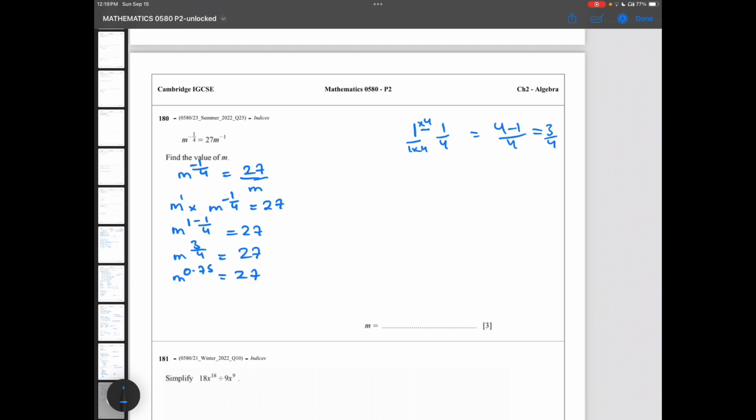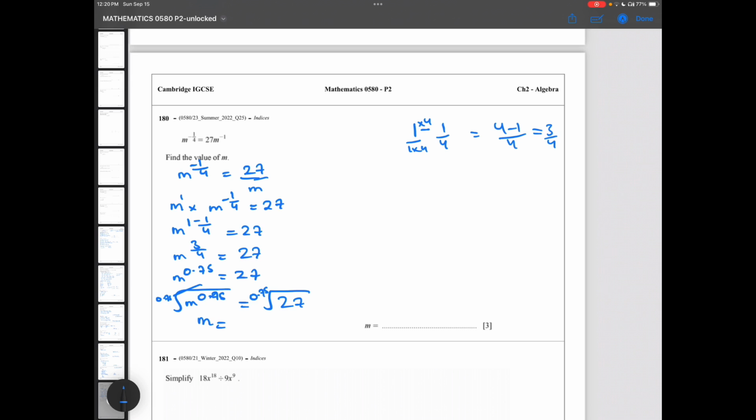If I take the 0.75 root over here, then these powers get cancelled with each other. We will have to take the 0.75 root of 27 as well. Over here we are left with m. So the 0.75 root of 27 you can find through a calculator.